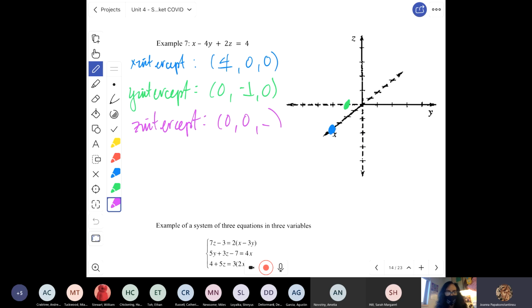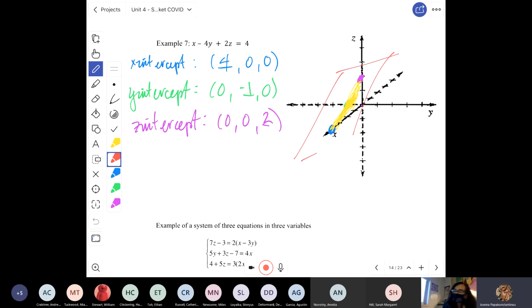And what is z? And so from here, where am I going to graph it? Up 2. Now, here I'm going to try to graph this. Oh, well, that's horrible. How am I going to graph that plane? That's kind of a disaster to graph, right?